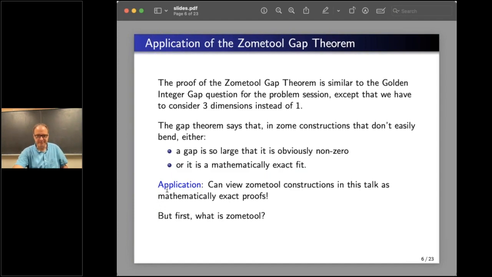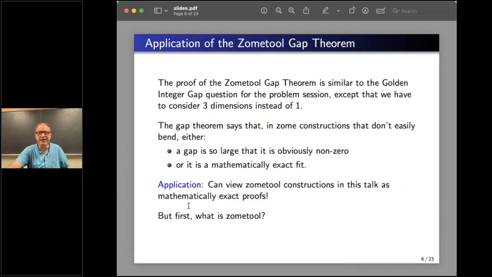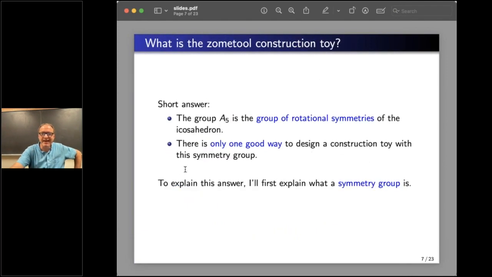Okay, so now we have already seen a theorem about zometool, but now the question is, well, what exactly is a zometool? And now, for the mathematicians among you, I can give a really short answer, and it's just this right here.